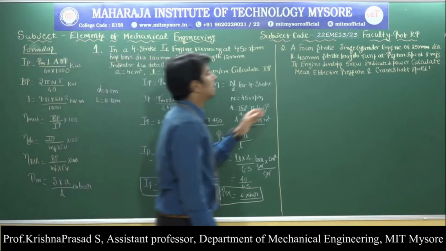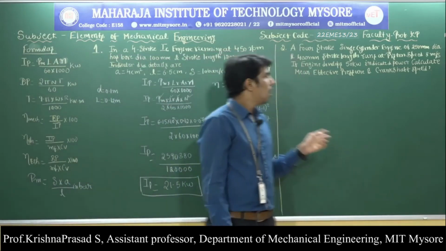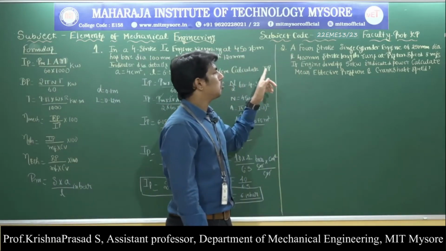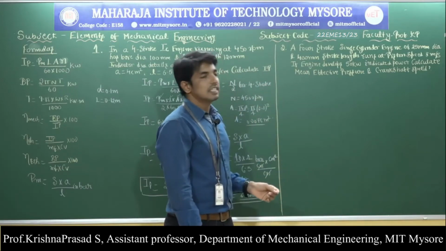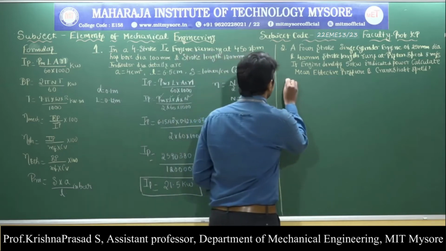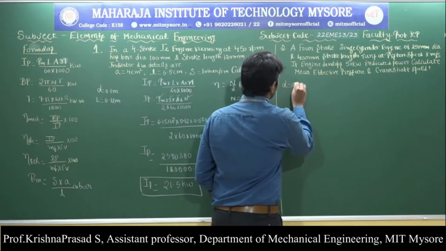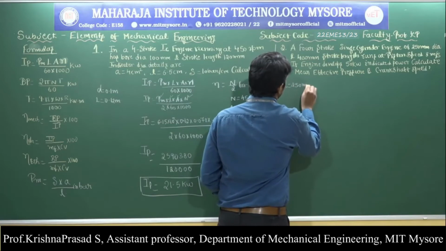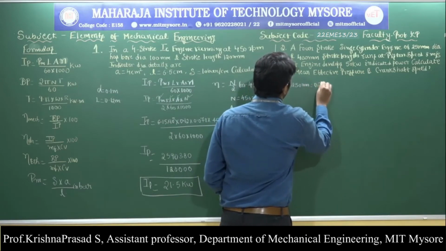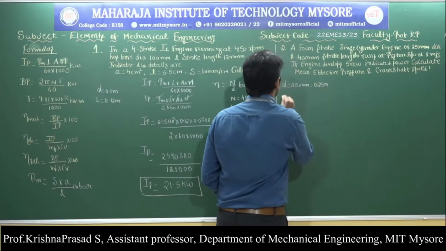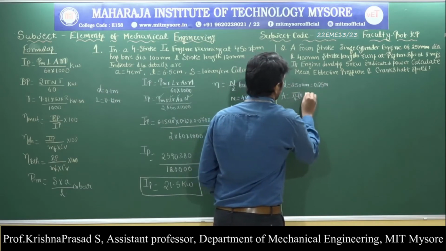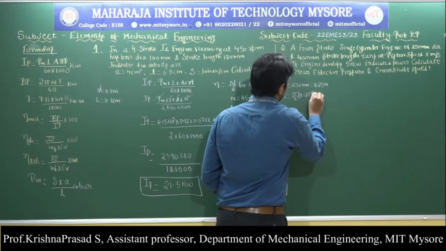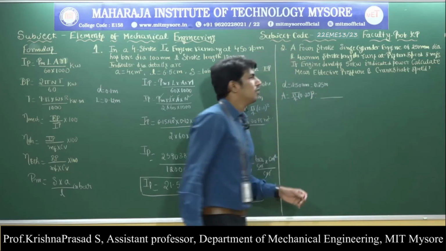Next is numerical 2. Observe here the 4-stroke single cylinder engine of 250 millimeter cylinder dia. So that means diameter is equal to 250 millimeter and this becomes 0.25 meter, and the area becomes pi by 4 into 0.25 squared, substitute and get the value of the area.